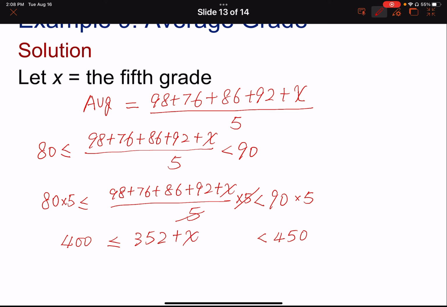Then I subtract 352 from each side, right?